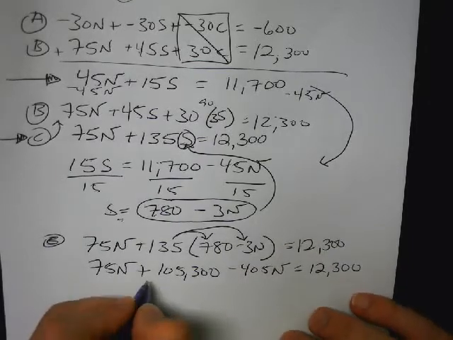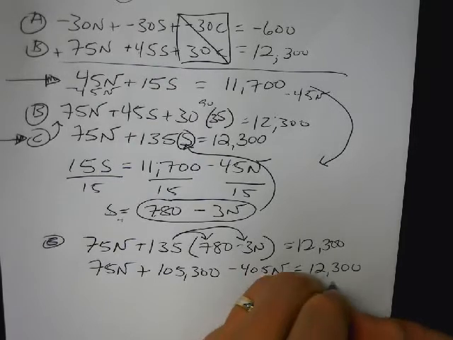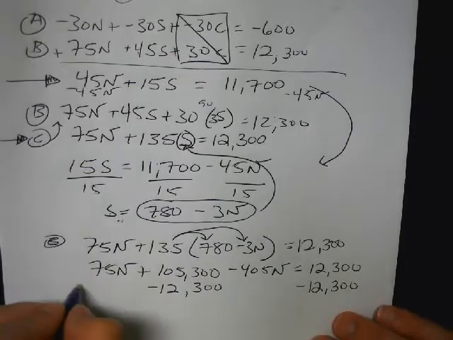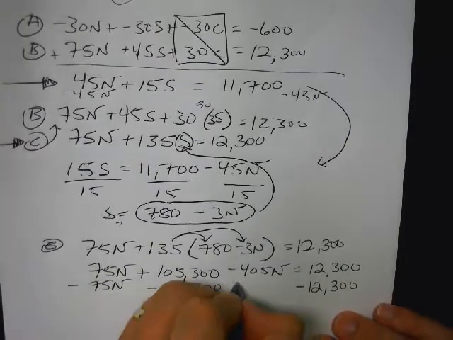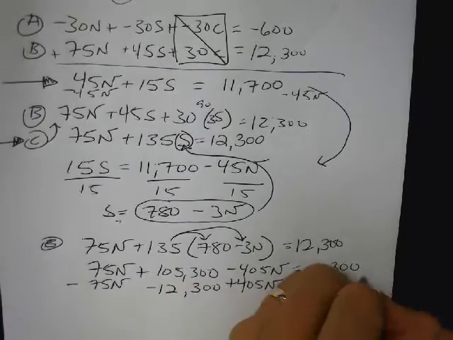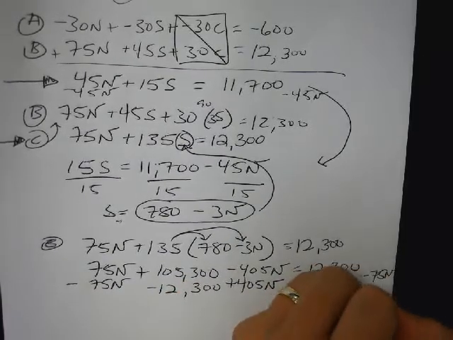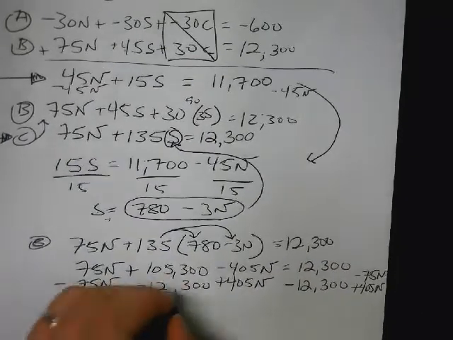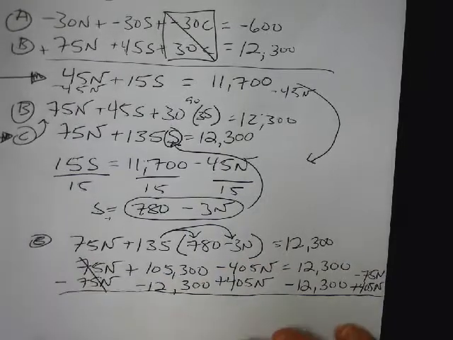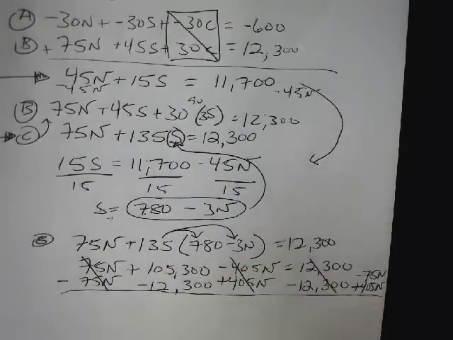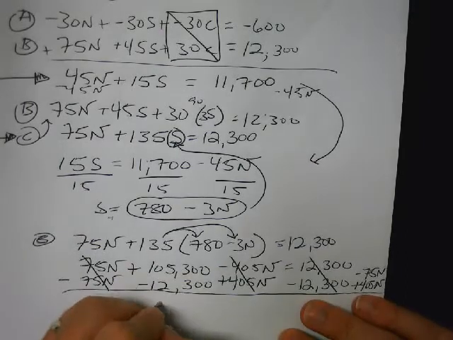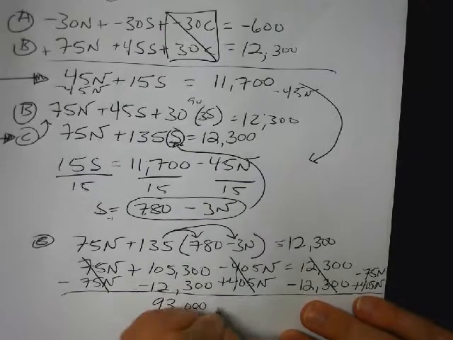I can subtract 12,300. I can subtract 75N and add 405N. When I add everything up, this goes to 0, this goes to 0, and this goes to 0. 105,000 minus the 12,000 is going to give me 93,000.